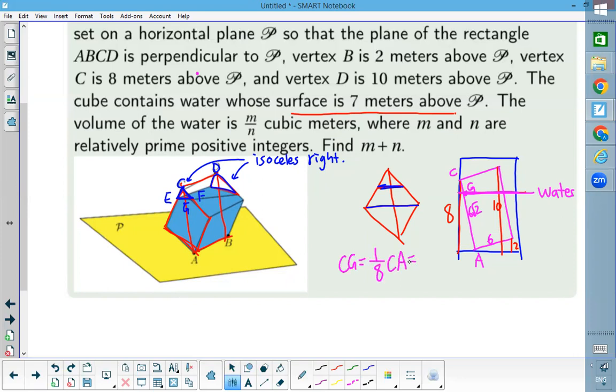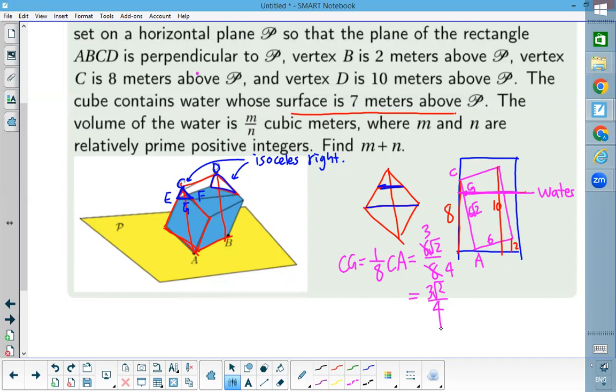That is equal to 6 root 2 over 8, which means that this is equal to 3 square root 2 over 4. So we get the length of CG, which allows us to calculate the relative length of the triangle CEF.